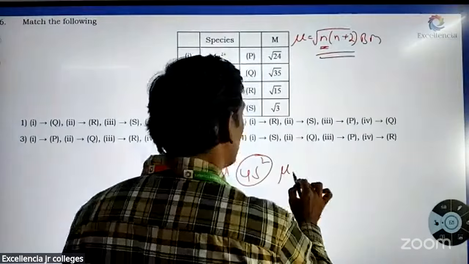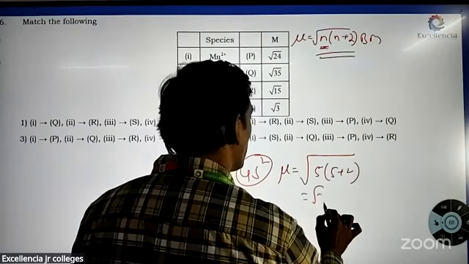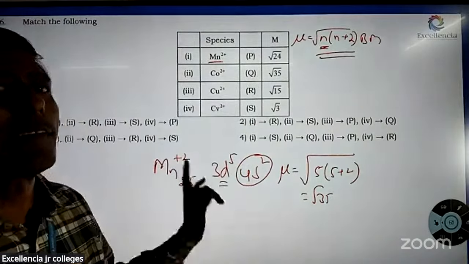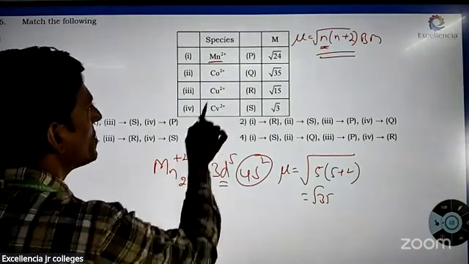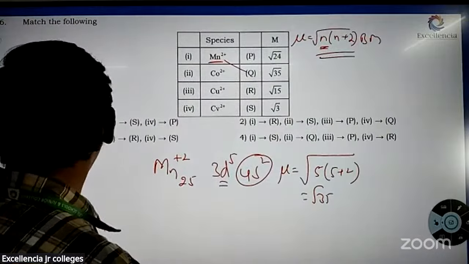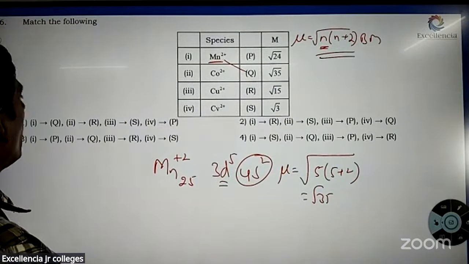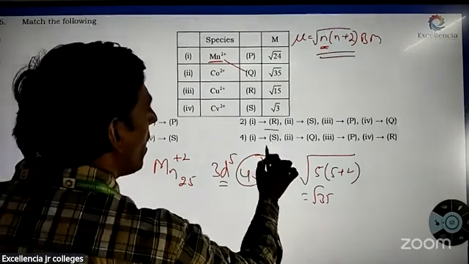As 5 unpaired electrons are there, mu is equal to root of 5 into 5 plus 2, that is 7 into 5, root 35. First you see that root 35 and try to match one, and you make the question easy. So manganese 2 plus is root 35. See how easy: 1 Q, 1 P, 1 R, 1 S.